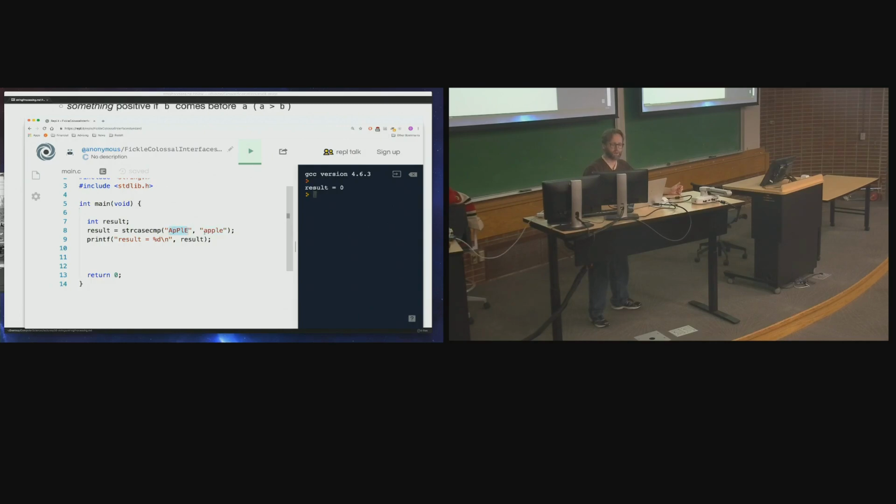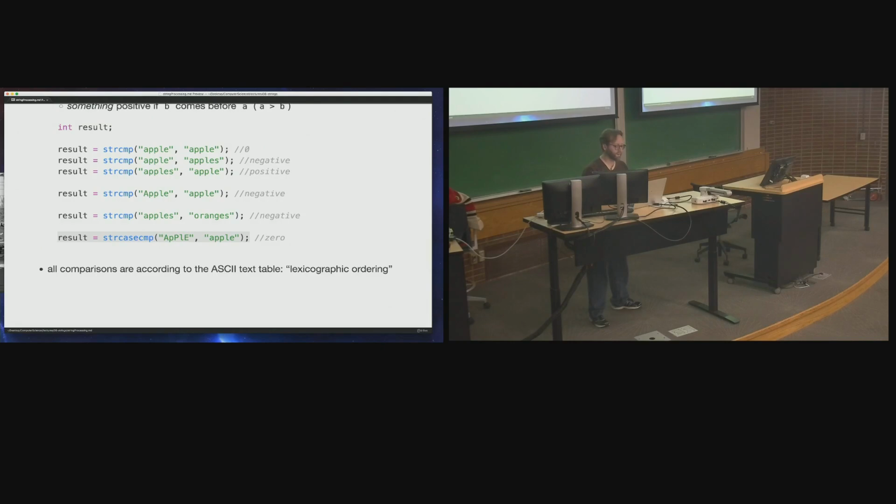This apple is the same thing as this apple, because we're using a different function. strcasecmp ignores the case. It treats it as if everything was uppercase or everything was lowercase, and it makes no distinction between an uppercase A or a lowercase a. They're equal in the eyes of strcasecmp. Right? And of course, there are lots of other things that you can use. You just have to read the documentation on what's available. Okay.